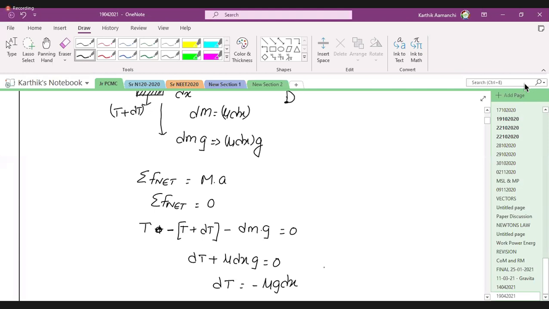Now I know my tension T is mu into v square, isn't it? So from that, dT will be v square d mu plus 2 mu v dv, isn't it?